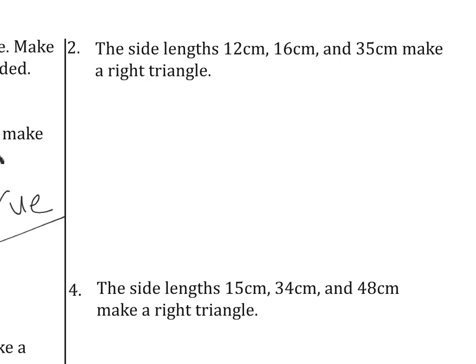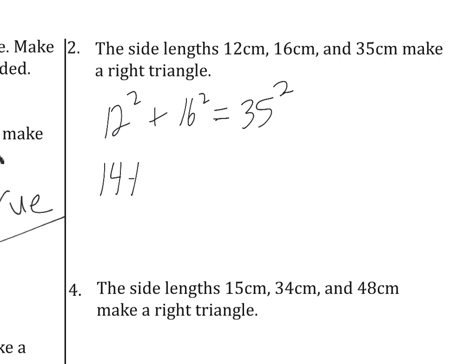Going to number 2. So again, setting it up. The thing you have to pay attention to is, did they give me the biggest one last? I'm 35. You've got to pay attention where the biggest side is. That's the biggest challenge of this one. So 12 squared plus 16 squared equals 35 squared. So we do 12 squared, which is 144.